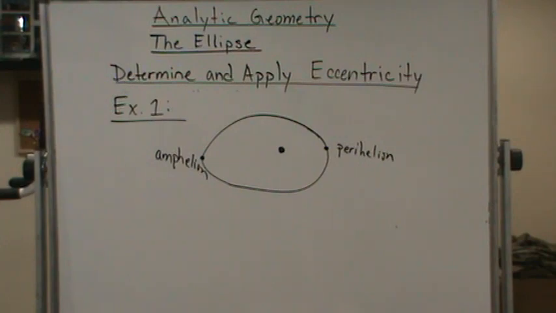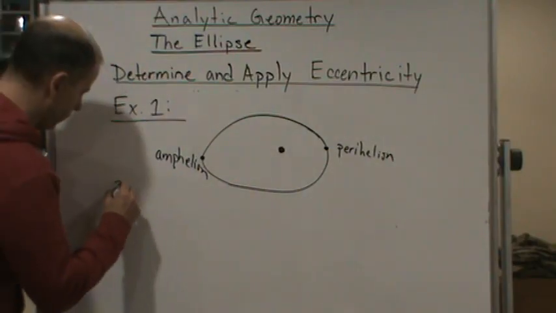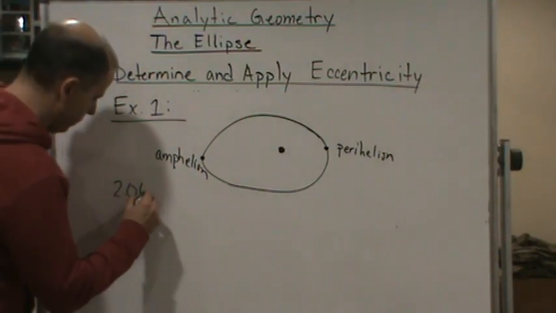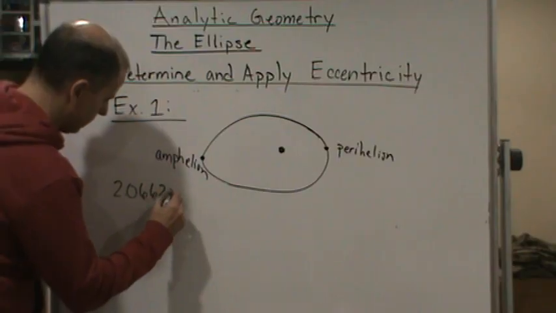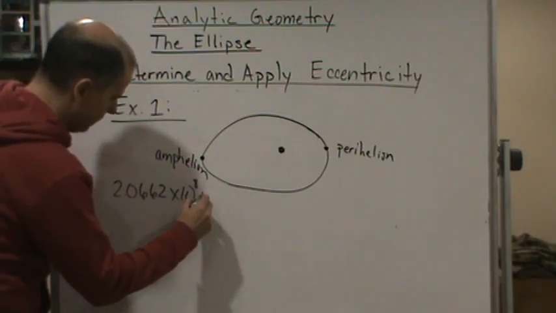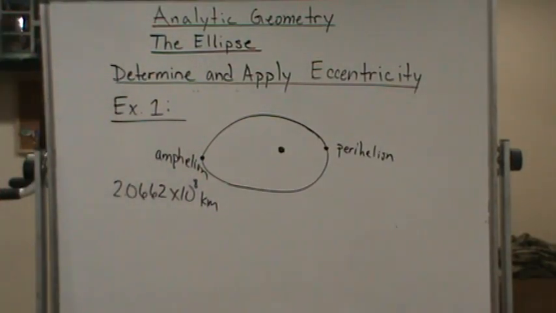So the point in the planet's orbit where it's closer to the sun is called the perihelion. And they tell us that that is 2.0662 times 10 to the 8 kilometers, right?